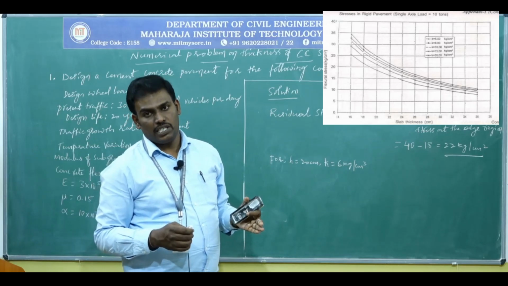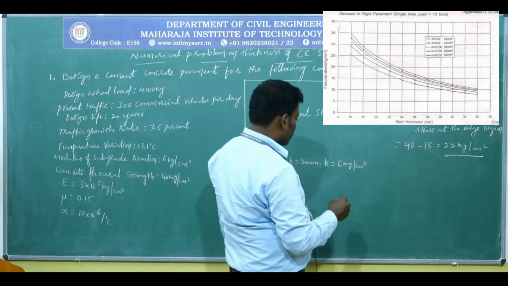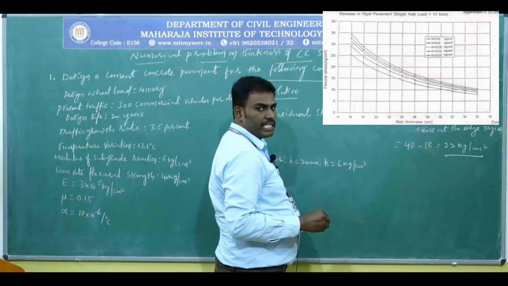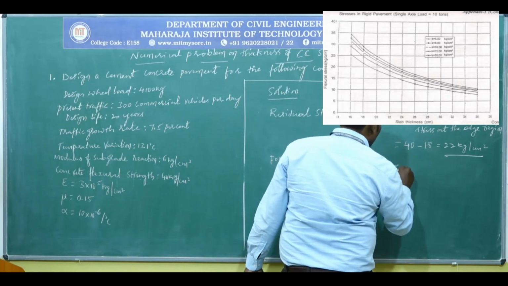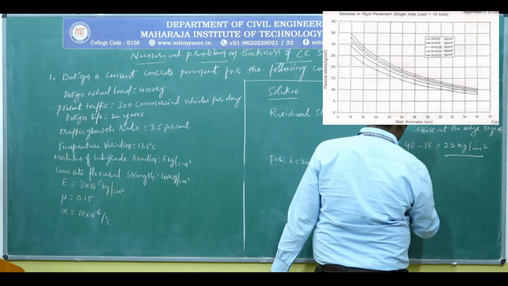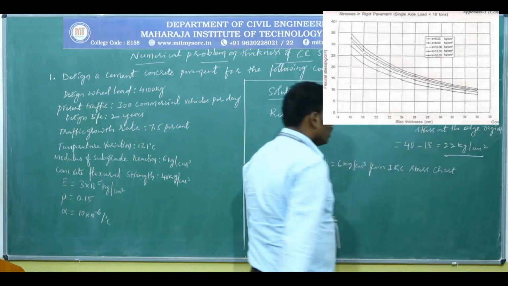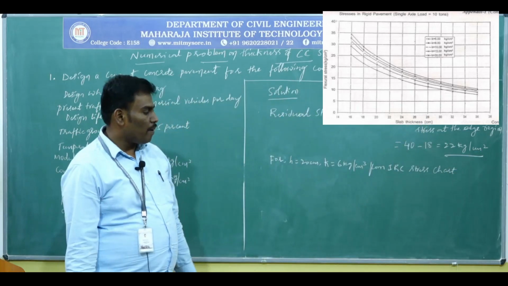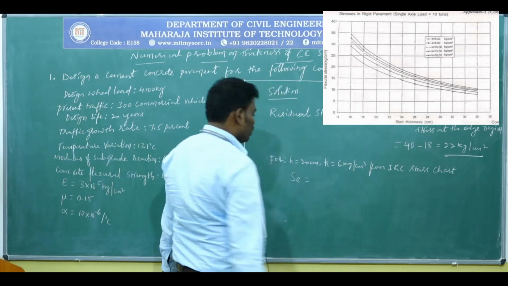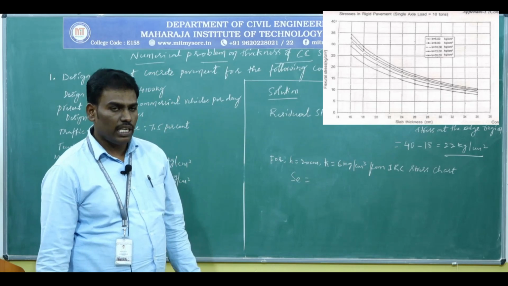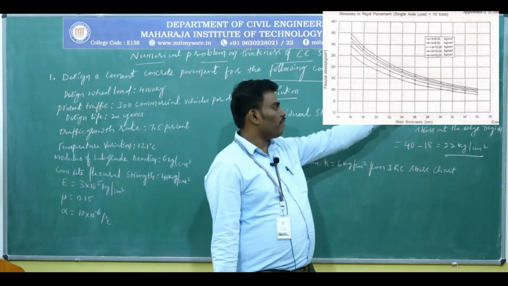at the edge region, for H equal to 20 centimeter and K equal to 6 kg per centimeter cube, from the IRC stress chart of Appendix 1. The wheel load stress at the edge region, SE, how much is it? Refer here.